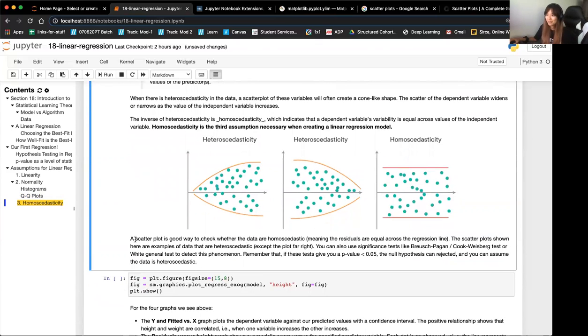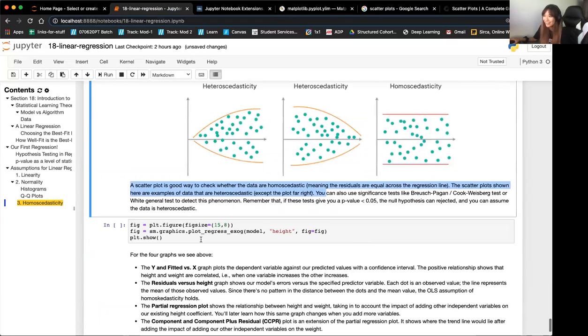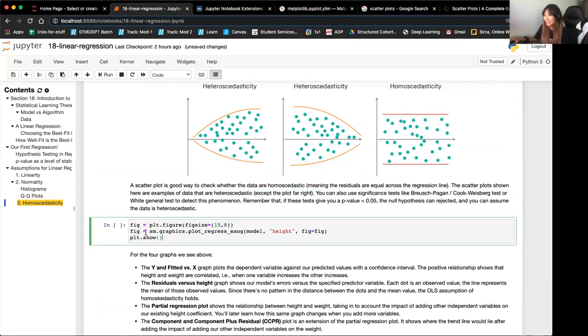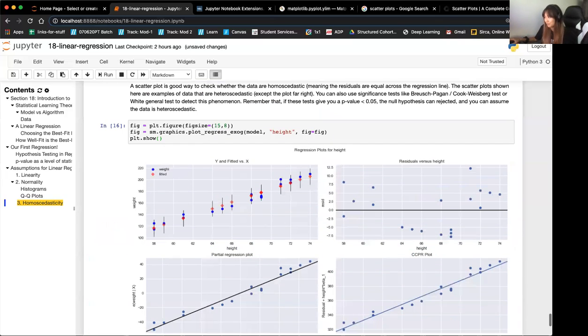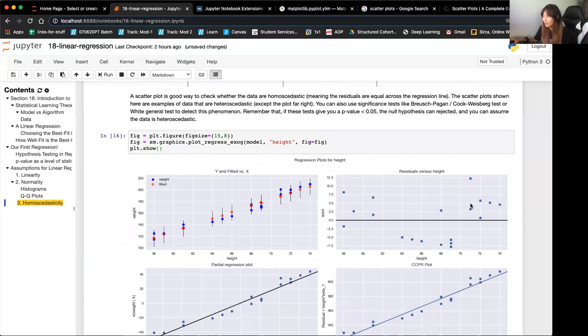So a scatterplot is a good way to check for homoscedasticity. Really quickly, you can see here statsmodels has again built in exogenous plots, and this gives us 4 different graphs. The one that I mainly look for is residuals versus height. It's basically, for each data point, what was the residual like?